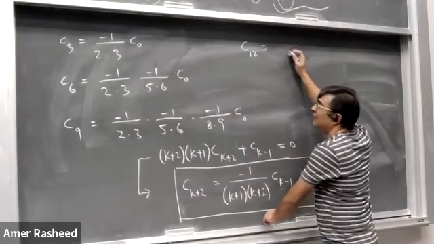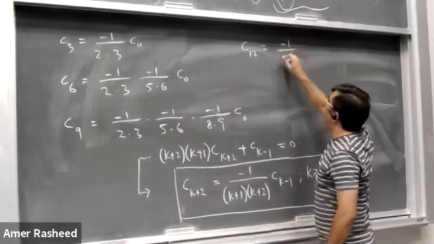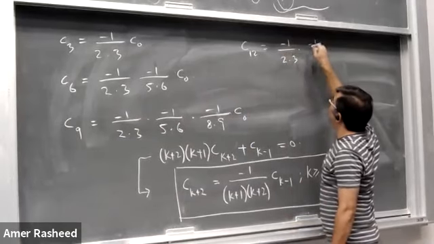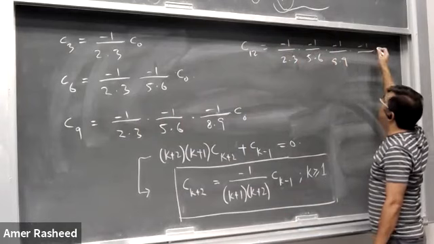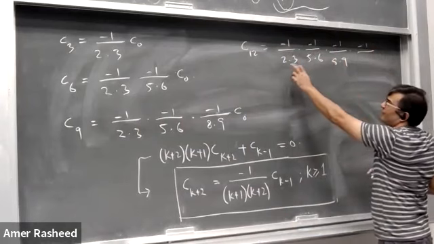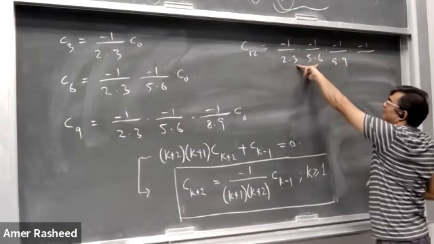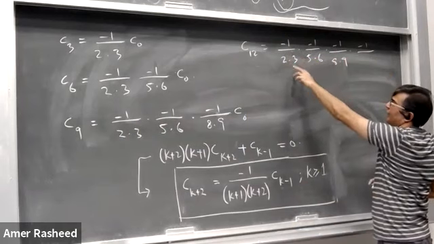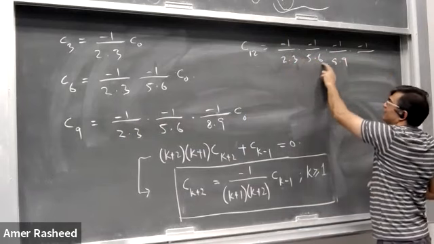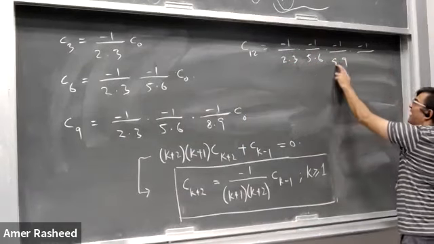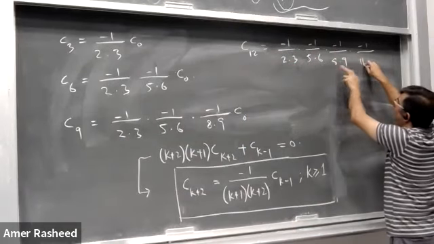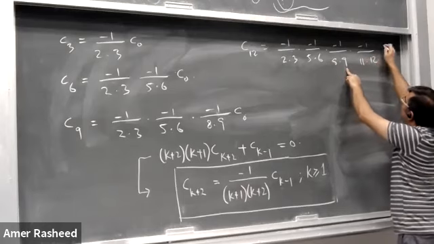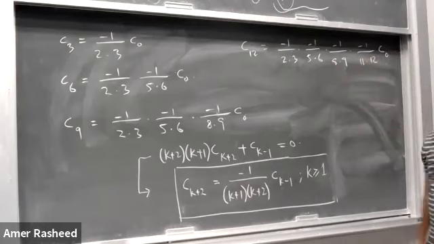It should be -1/(2 times 3) into -1/(5 times 6) into -1/(8 times 9) into -1/... 3 is being added to 2, 3 to 3, and 3 to 5, 3 to 6. So 3 added to 8 will be 11, and 3 added to 9 will be 12, along with C0.